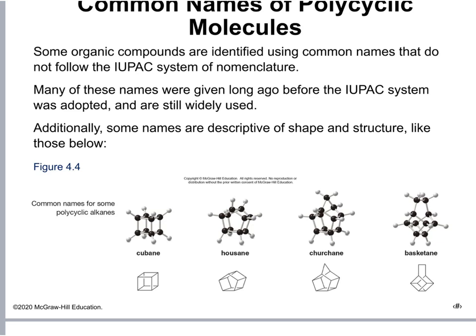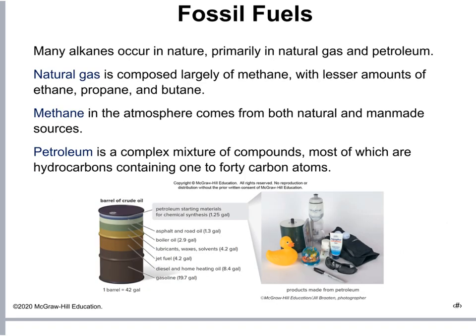Now, we won't be looking at these. These are just common names of polycyclic molecules. If you end up doing some polycyclic research, then this might be important to you. They're just showing you some applications of alkanes, so fossil fuels, natural gas, methane. You also have propane gas. You've probably heard of propane gas.